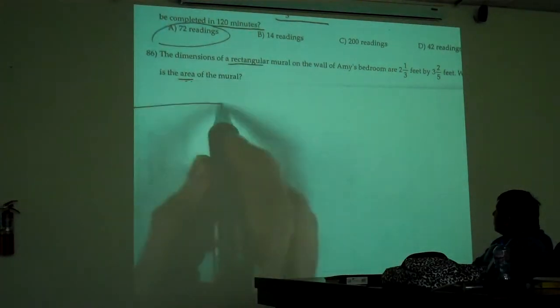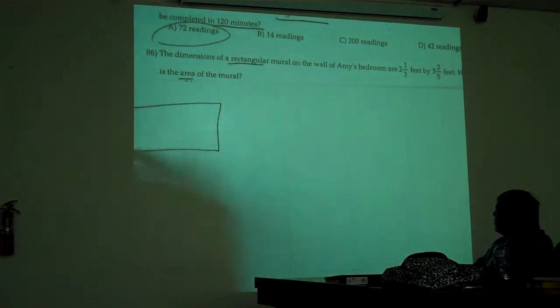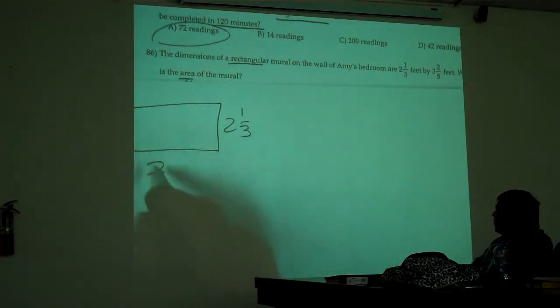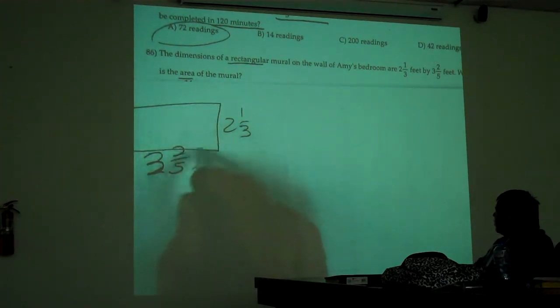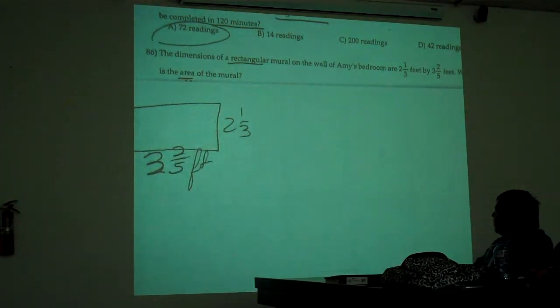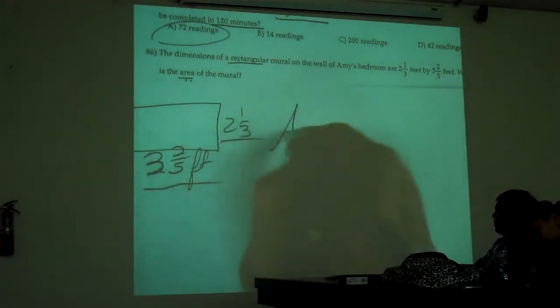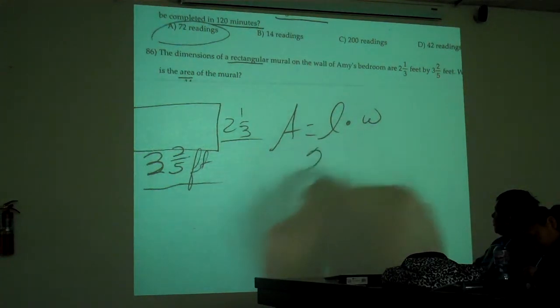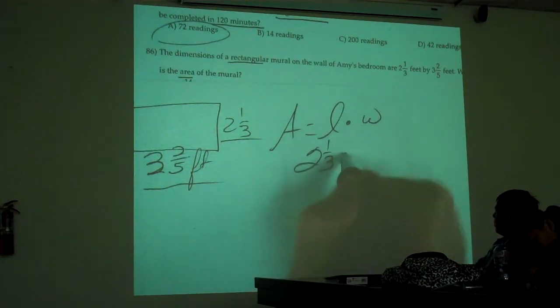Okay, we have a rectangular mural, 2 1/3 by 3 2/5. How do you find the area? Length times width, right? The area of a rectangle is the length times the width. It doesn't matter which order, so you can put either one first.